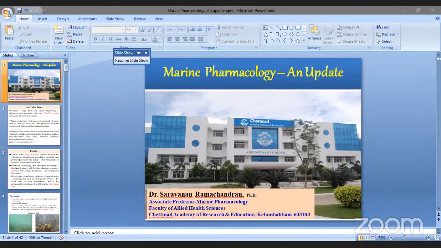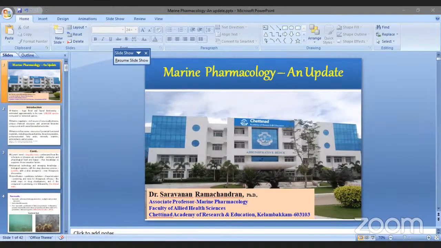Most of the agar obtained by the chemical industry comes only from this source. Based on this yield, we also collect this species from the Gulf of Mannar, because the Gulf of Mannar has huge biodiversity of seaweeds as well as sea grasses.